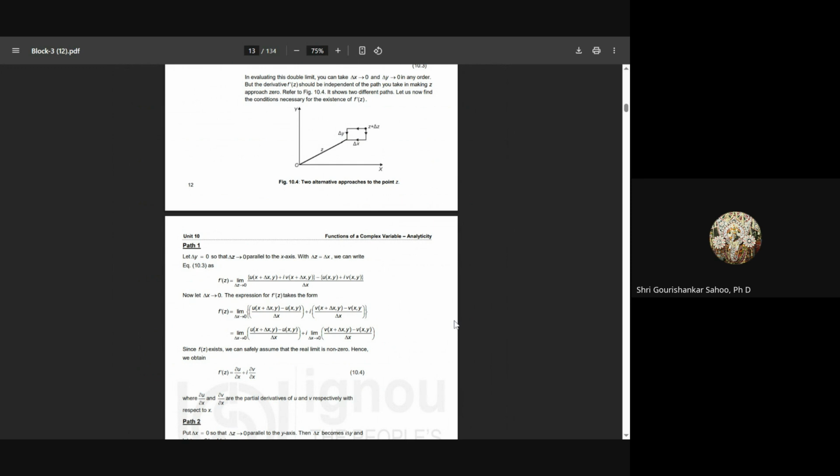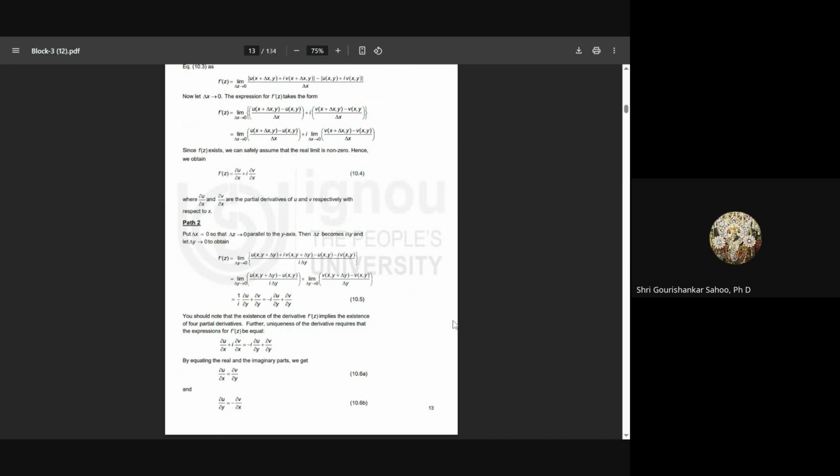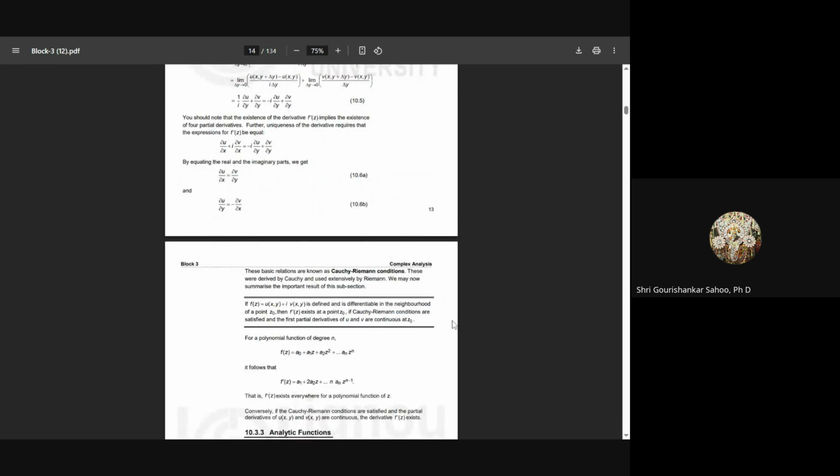Similarly, in path 2, as in path 1 you put del y is equal to 0, here you put del x is equal to 0, and del z will be parallel to the y axis. So now del z becomes i del y, and you can write it as del u by del y is equal to minus del v by del x.